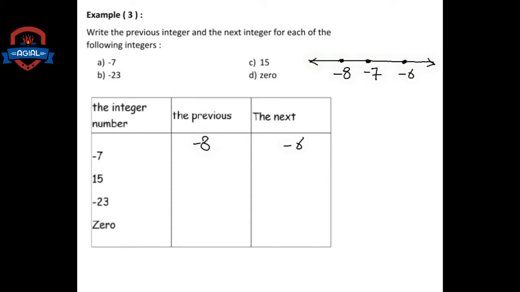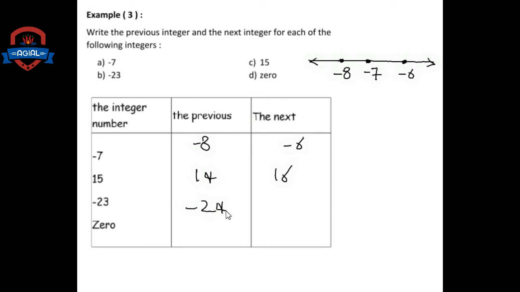Letter C, 15. The previous integer of 15 would be 14. Excellent. And the next integer will be 16. Excellent. Negative 23, the previous integer of negative 23 would be negative 24.